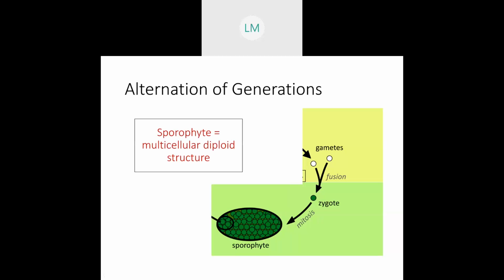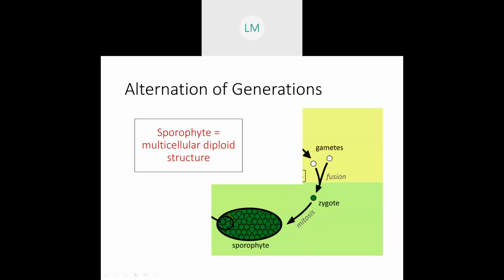From there, in this alternation of generations life cycle, this unicellular zygote, so single-celled diploid structure, is going to undergo mitosis to increase in cell number. So this also looks very similar, right? When our unicellular zygote grows into a multicellular structure, it's undergoing mitosis. In plants, that structure that's created is called a sporophyte.